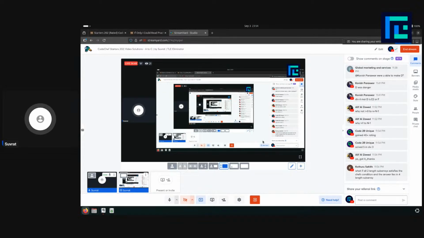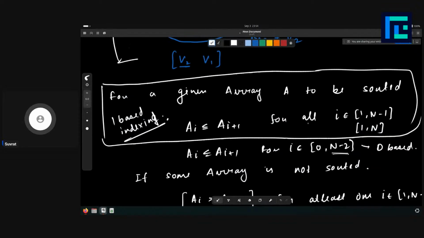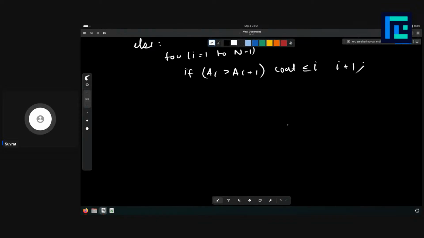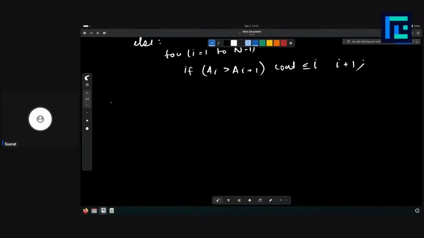What if all 2-length subarrays satisfy the chef's condition and the answer lies in a 4-length subarray? Basically, if all the 2-length subarrays satisfy the chef's condition, so that must mean that... Let's analyze the case where all two length subarrays satisfy the condition.